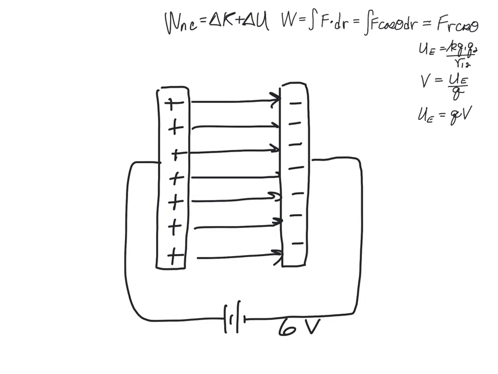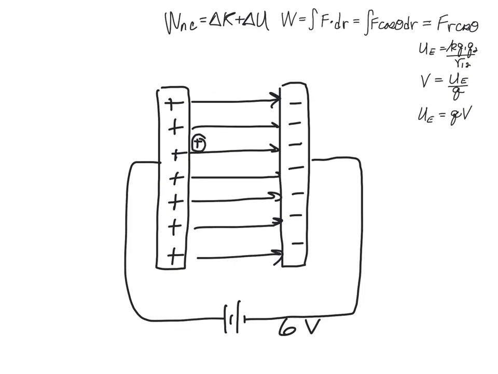And if I take say a little positive test charge and I place it on the positive plate and I let it go, it's going to move from the positive plate to the negative plate like a ball rolling down a hill. It's going to gain kinetic energy equal to the change in potential energy.